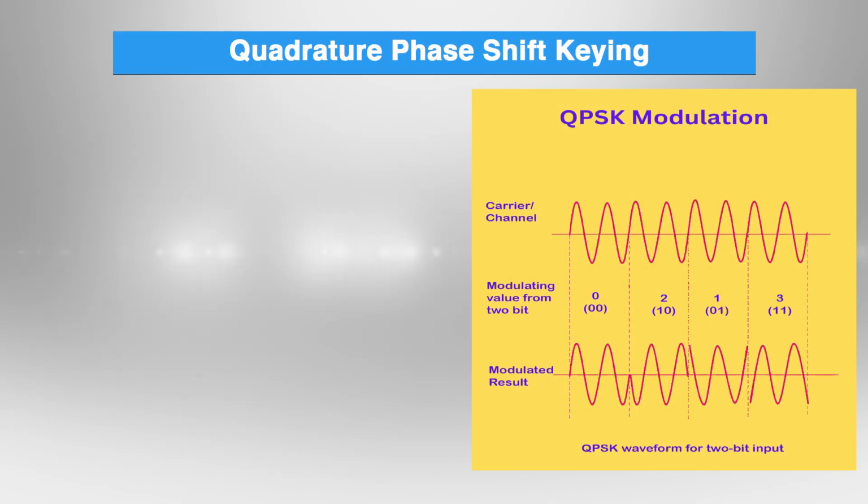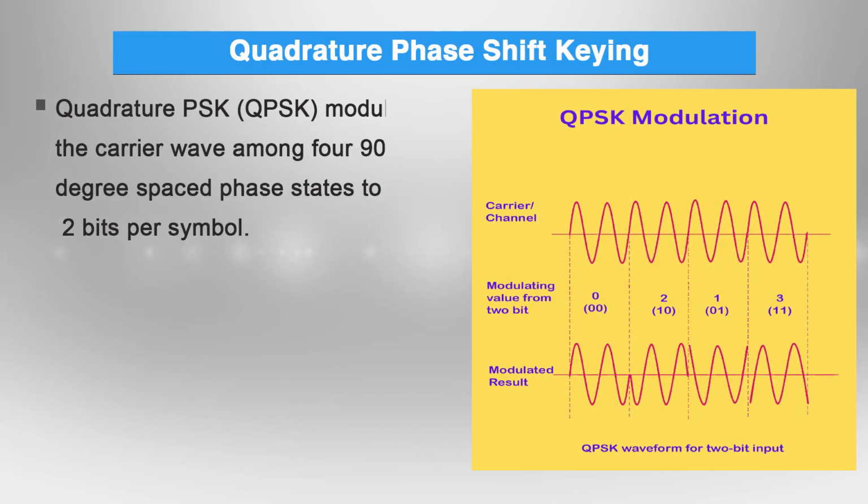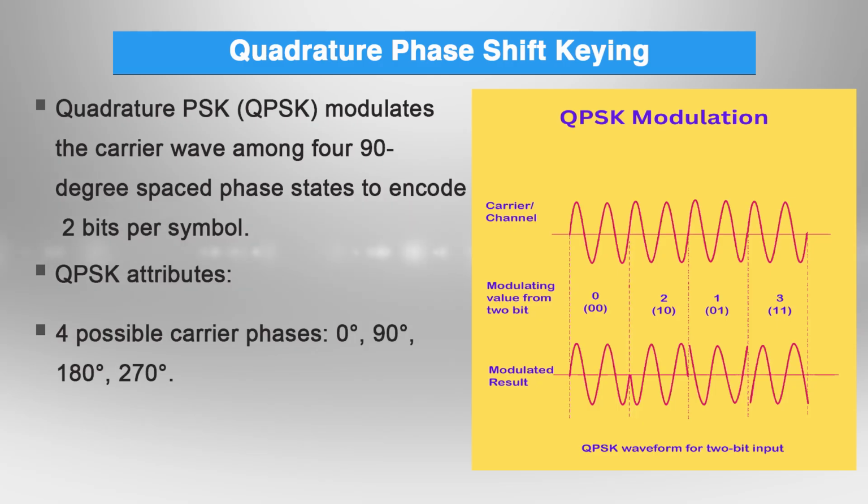Next is quadrature phase shift keying. Quadrature phase shift keying (QPSK) modulates the carrier wave among 4 phase states spaced 90 degrees apart to encode 2 bits per symbol. Various QPSK attributes are: first, it has 4 possible carrier phases, which are 0 degrees, 90 degrees, 180 degrees and 270 degrees.